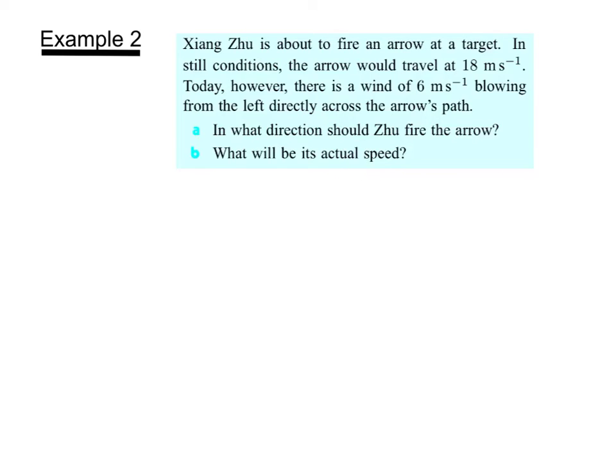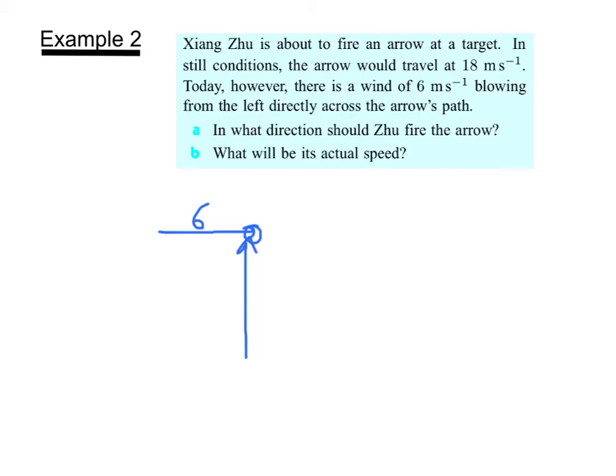So the key to this problem is really setting up the correct diagram. Now, the first thing we want to draw is the wind vector. So we know we have wind blowing from the left, which means it's starting at the left and going to the right. We have a wind vector of 6 meters per second. Let's assume that the target, which is here, is straight in front of our shooter.